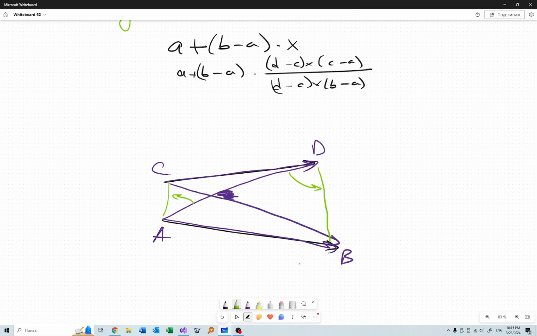How do we choose? This is always AD, but the question is where it ends.